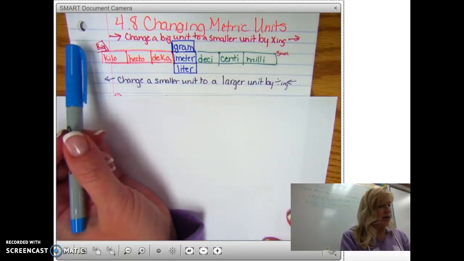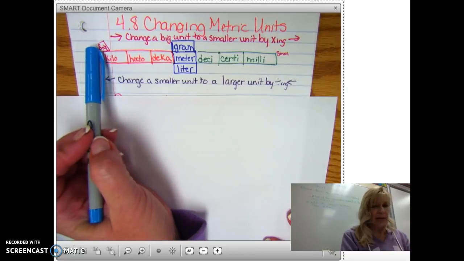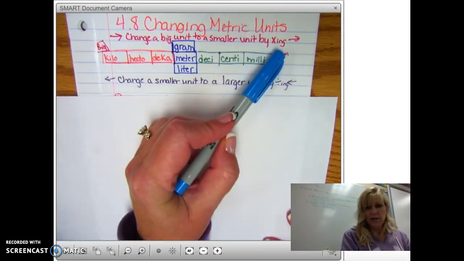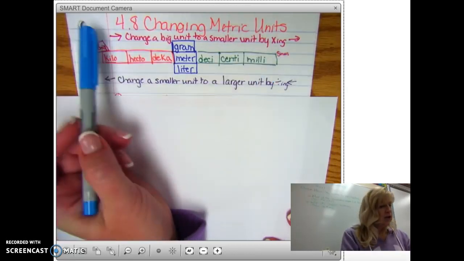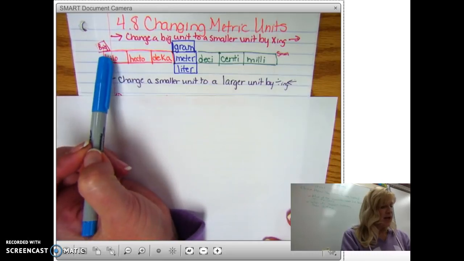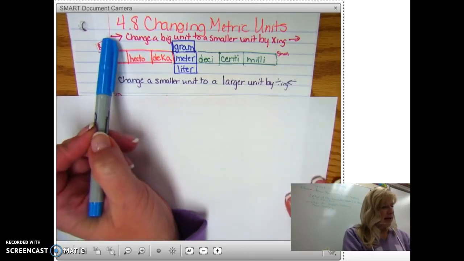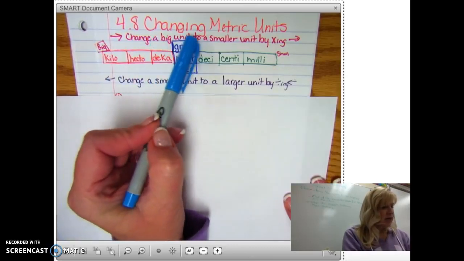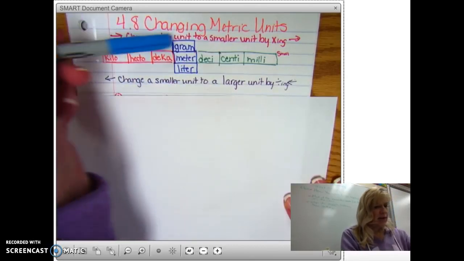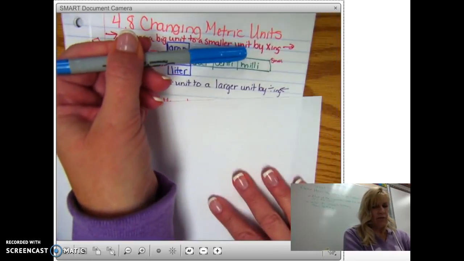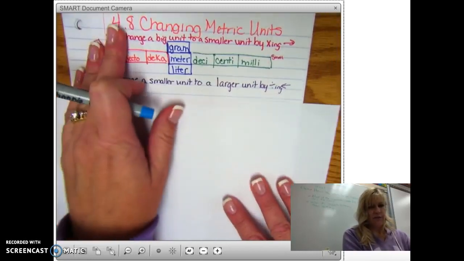And on here, just to remind you, these are the bigs, these are the smalls or the littles. So when you are going from a big unit and you want to see how many small guys are in it, you're trying to change a big unit to a smaller unit, you're going this way through the chart.